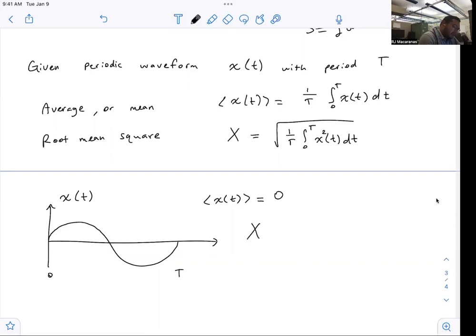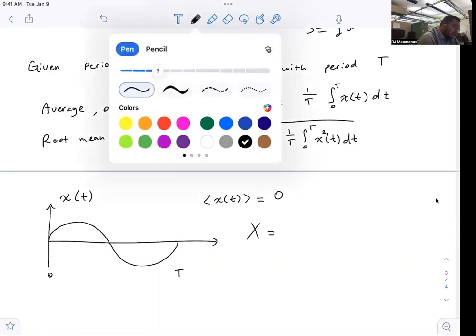But if we were to look at the RMS value, it would not be 0. You'd be squaring it and taking the average over one period. When you square this, it pops up and is scaled by some amount, and you're just finding the average of that.